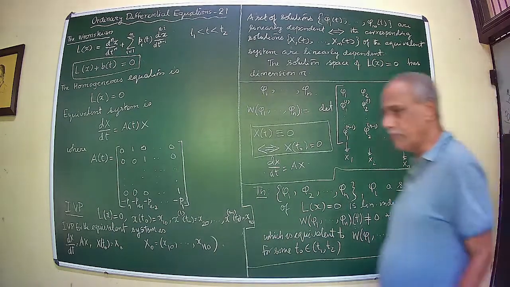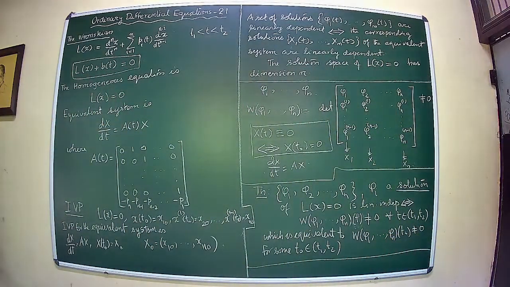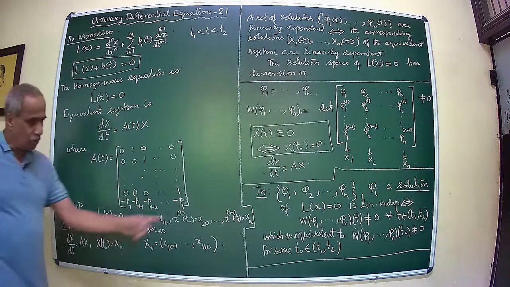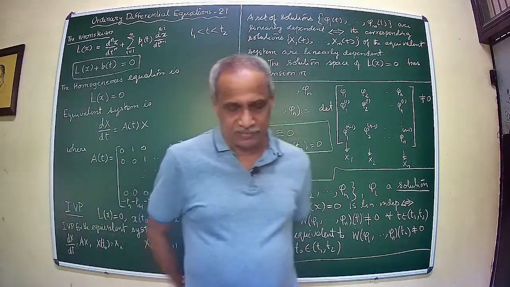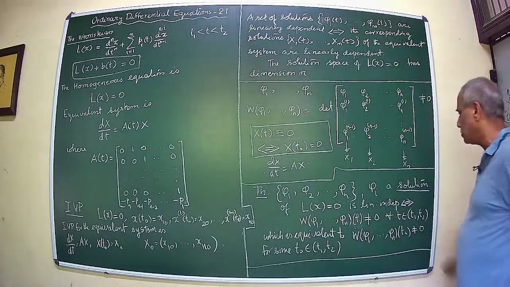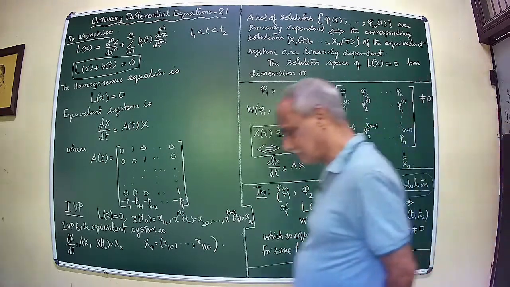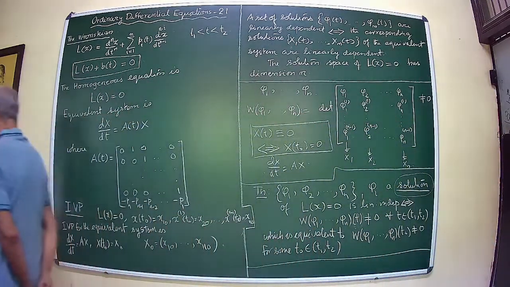Therefore, what we are after now is how to use this Wronskian determinant. So let us ask the following question. Suppose you drop this condition.